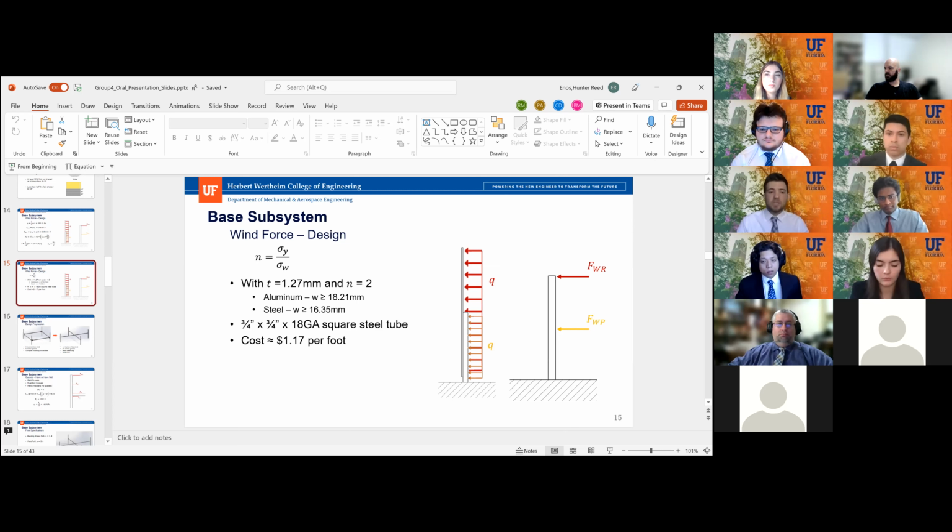It was similar with our actuation system, like using the plastic gears. That's why we wanted to have metal connection points between the reflector and the actuation system to take on that wind stress. So we use this to calculate what our sizes would be, but our safety configuration would be flat. Okay.